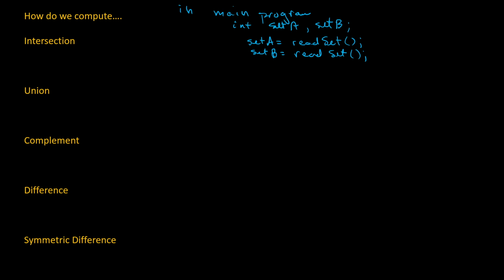There'll be other things in there. For example, before we call read set, we'll output, please enter the values for set A. And then before we call read set for set B, we'll say please enter the values for set B. Very straightforward. It's just a way to get the person to understand you're trying to enter values here.